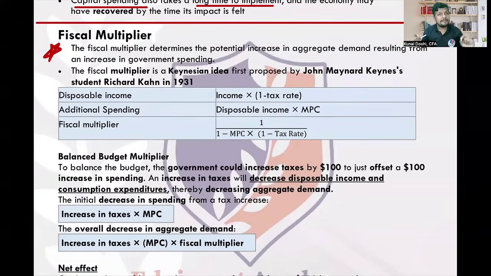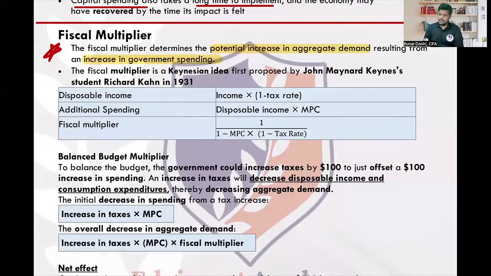So every dollar spent by the government translates into multiple times that in the economy. So its effect in increasing aggregate output or demand is much higher. That is called the multiplier.